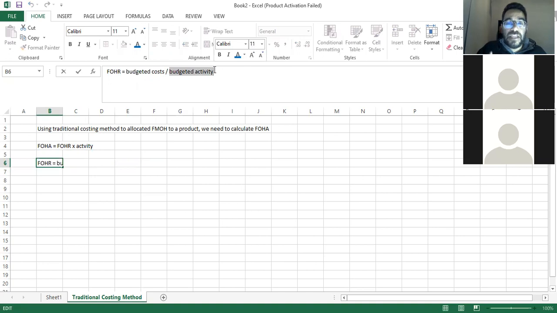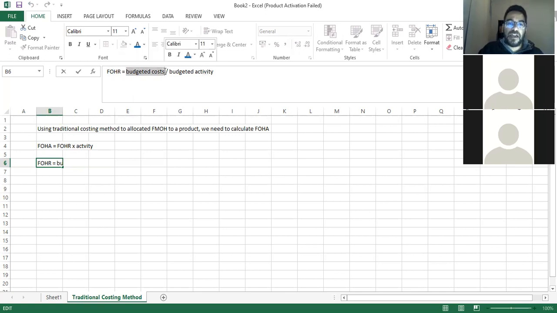What is our basis for allocating overheads using the traditional costing method? Labor hours. So all we need is our budgeted labor hours. We know the fixed overhead rate, it's 750 Rand. In that way, we will be able to work out our budgeted costs.